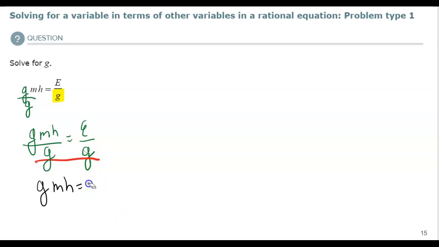Sure, my e is the same. And then I'm just isolating my g. So if you see these types of problems on your homework, this is how we do those types.